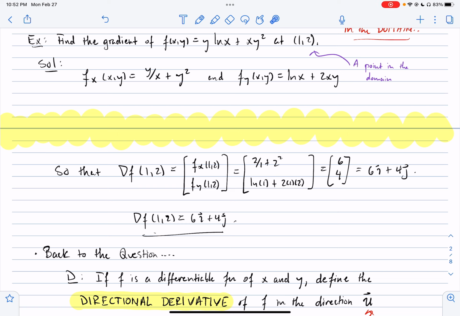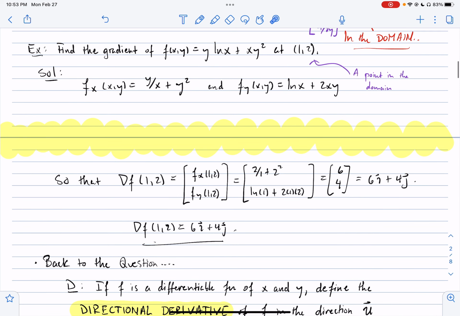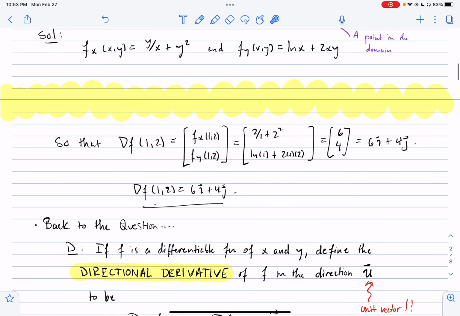And the second component of the vector is natural log of 1, which is 0, plus 2 times 1 times 2, which is 4. So the vector that we get is 6, 4: 6 times i plus 4 times j. Okay, so that's an example of computing the gradient at a point.